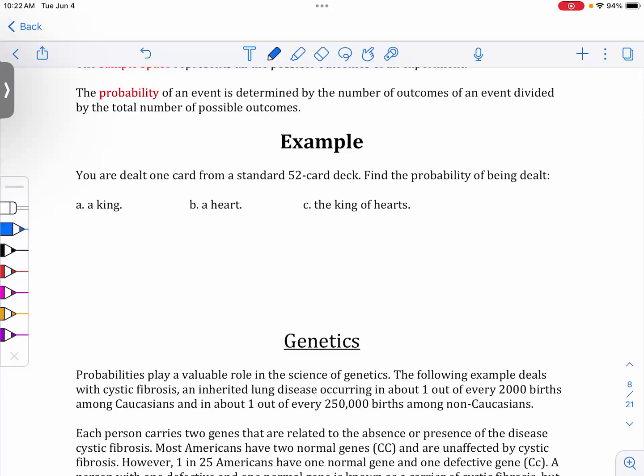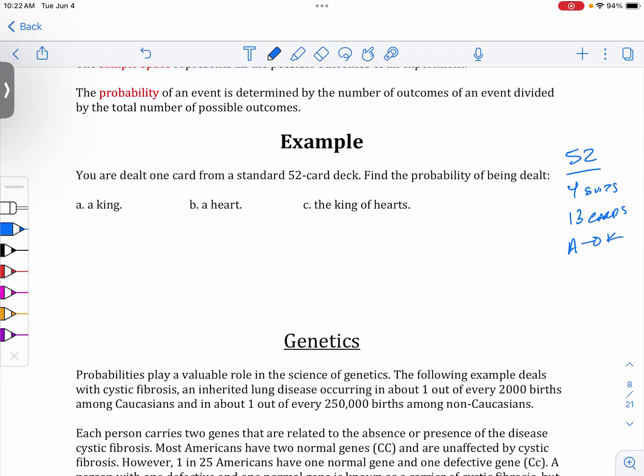So in case you're unfamiliar, 52 cards, there are 13 suits. Sorry, 4 suits. There are 4 suits and 13 of each of those suits. And those cards go ace to king.